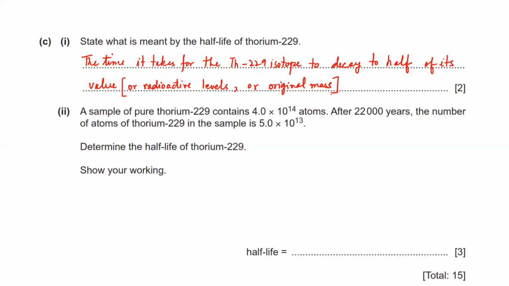In part 2, it says a sample of pure thorium 229 contains 4 into 10 to power 14 atoms. After 22,000 years, the number of atoms of thorium 229 in the sample is 5 into 10 to power 13. Determine the half-life of thorium 229, showing our work. Remember the formula: N_t equals the initial value times half raised to the power t divided by the half-life.